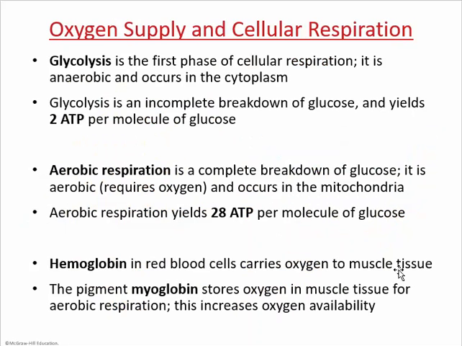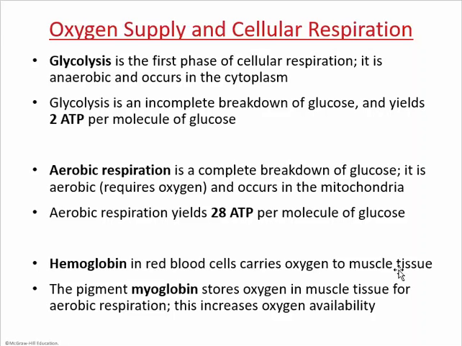So because we've already done this, glycolysis, we get 2 ATPs, but we end up with lactic acid. If there's no air, it's anaerobic, and this is as far as we get. If it's aerobic, we end up with far more ATP. So what we need is oxygen.